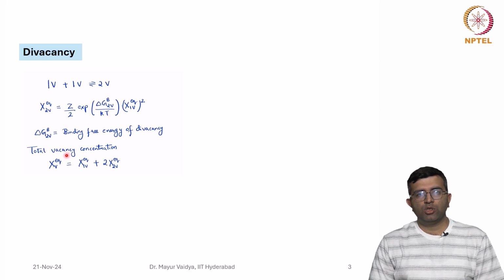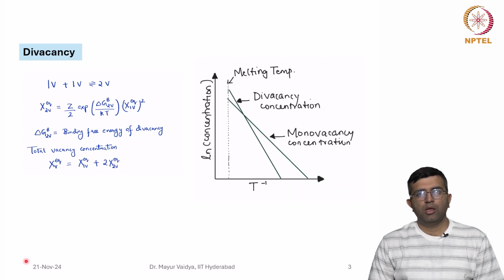So the total vacancy concentration xV equilibrium is equal to x1V equilibrium plus twice x2V equilibrium. Typically the divacancy concentration is higher near the melting temperature.